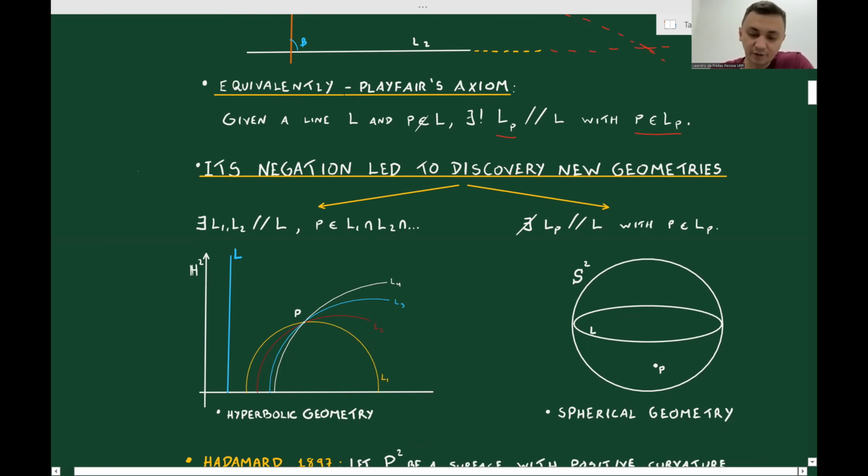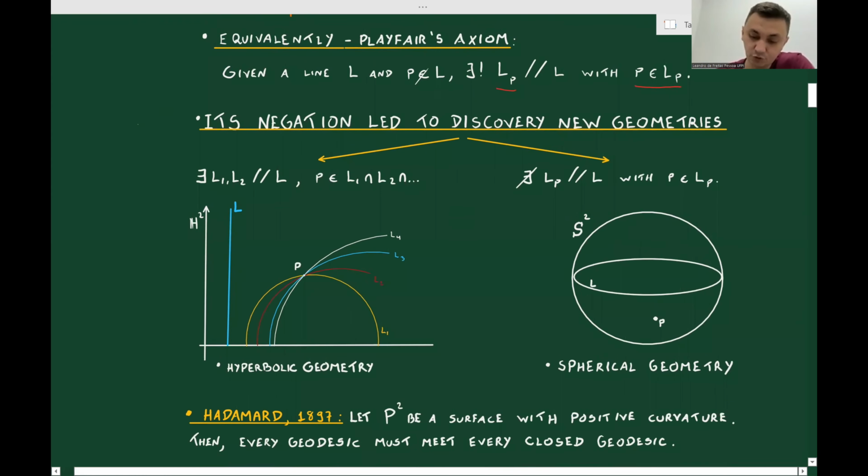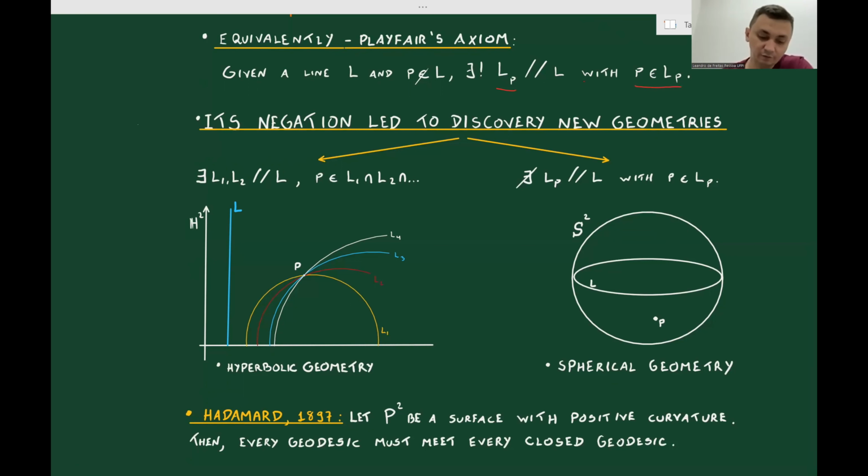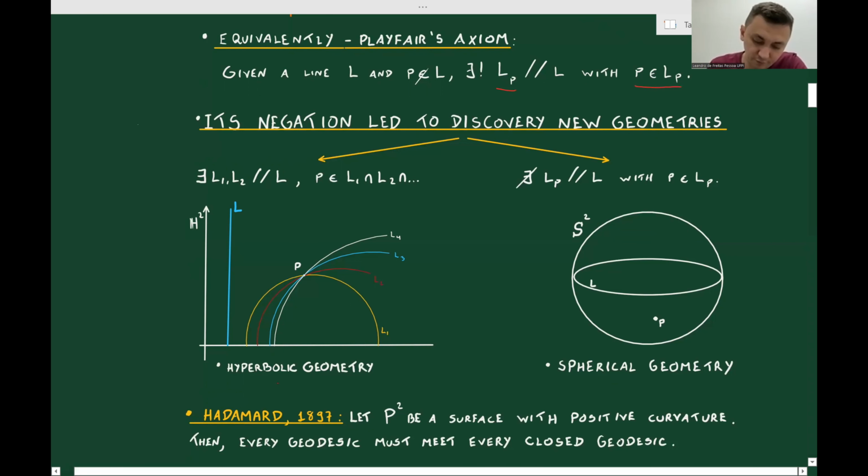So trying to negate this postulate, it's better to see the equivalent form by Playfair's axiom. If you try to negate this, we arrive at two possibilities. The first one is we can have not only one line parallel to L and passing through the point P. In this case, we discover the hyperbolic geometry.